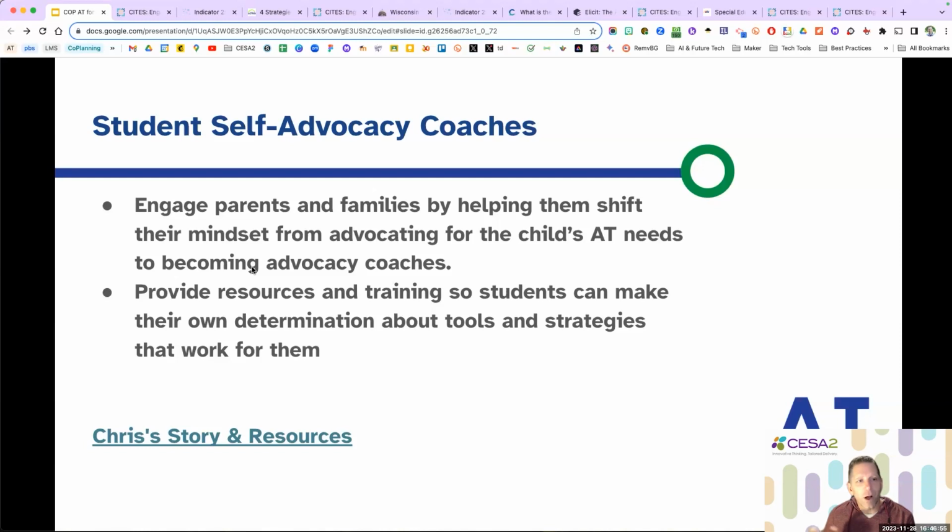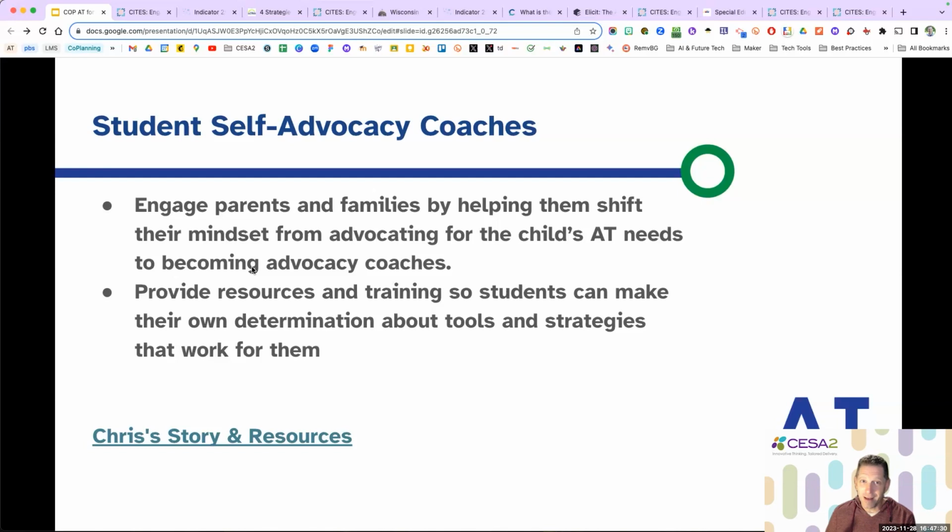The site's website also talks about student self-advocacy coaches, so engaging parents to shift that mindset. Yes, we want them to advocate for their child's needs, but eventually we want them to become advocacy coaches. We want them to give students the resources, research, and training so students can make their own decisions about what's working and not working.